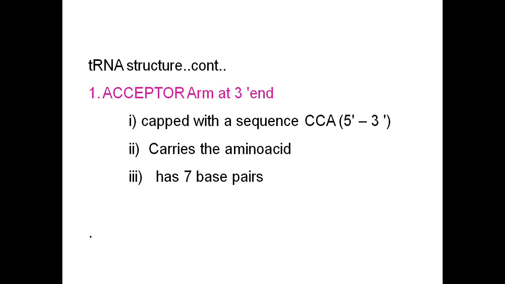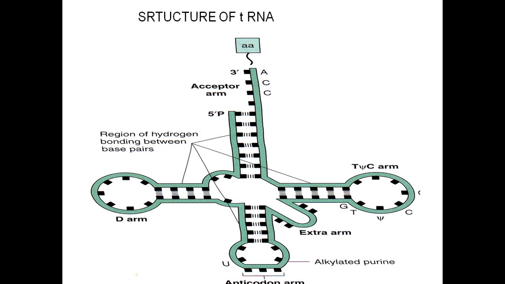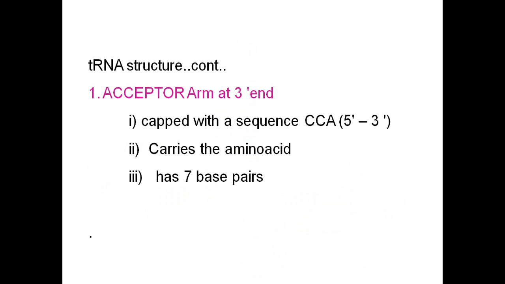It carries the amino acid, and it has 7 base pairs. See here, CCA. You should read from down to up. CCA is present at the 3' end of the acceptor arm, and it carries the amino acids. It has 7 base pairs at the acceptor arm region.